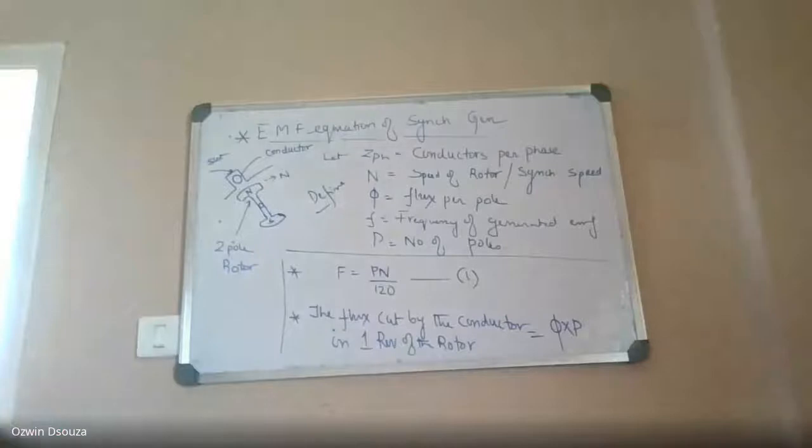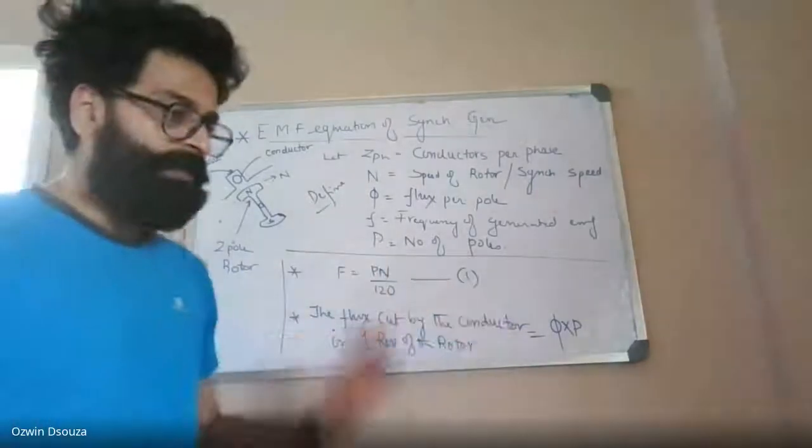So if you have two poles, it would have been 2 phi.